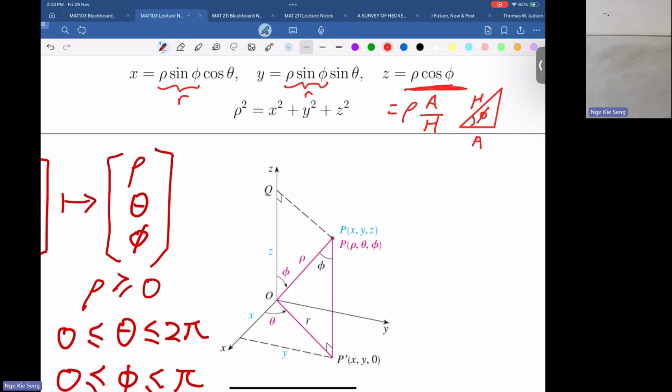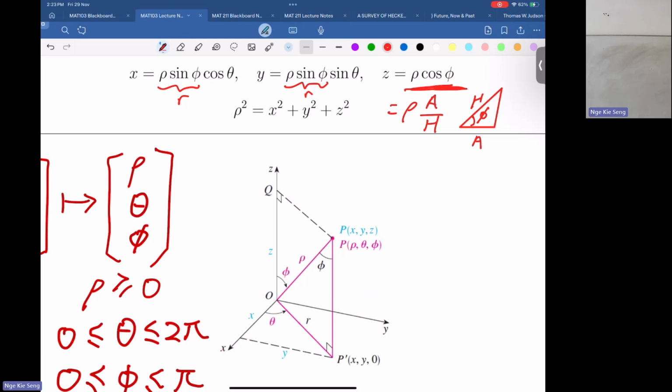Adjacent is actually the height in z, and hypotenuse is the radius. So what radius is this? We are implying that this P lives on a certain sphere centered at 0. The idea of spherical coordinates is that every point lives on some sphere with a radius, which we call rho here.